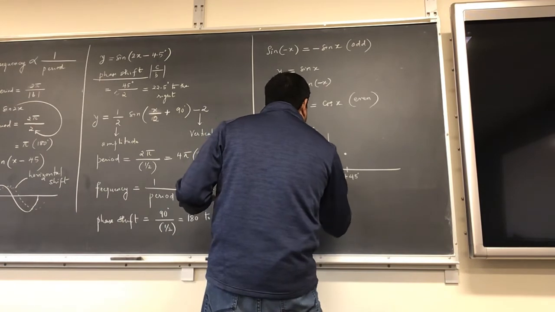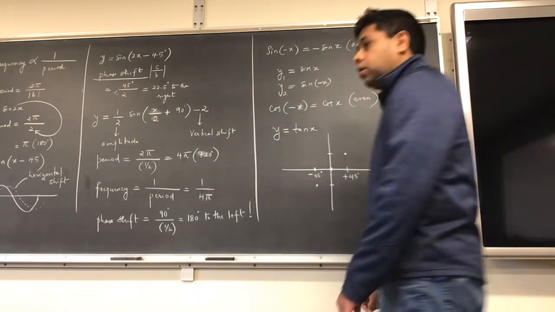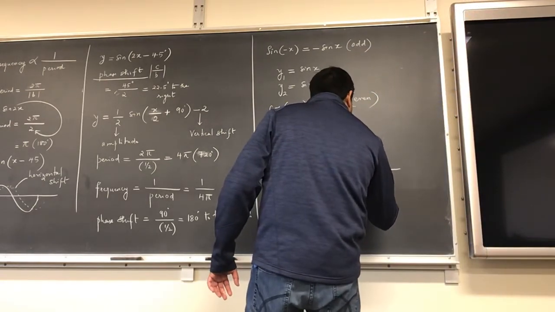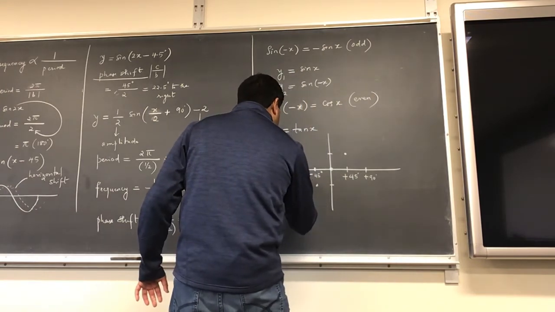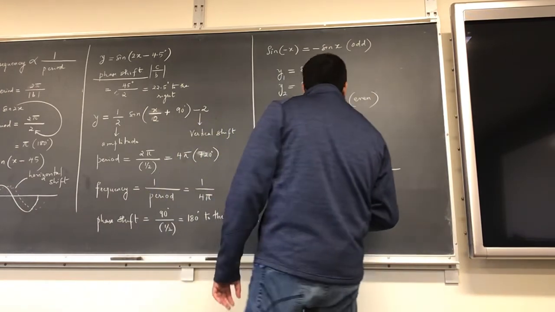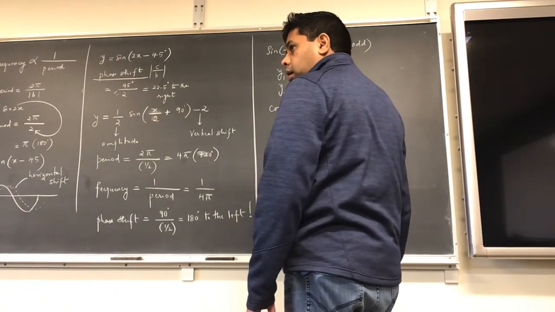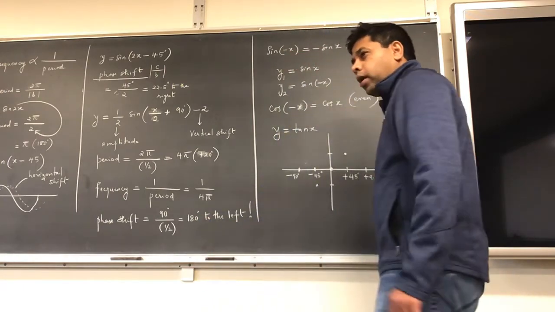Negative 1, right? So it's an odd function basically. Okay. Do tan 90. Error. Tan negative 90. Error, okay? So what does the error mean basically?